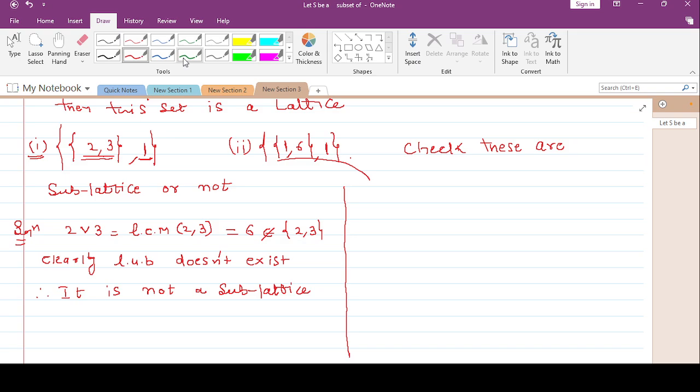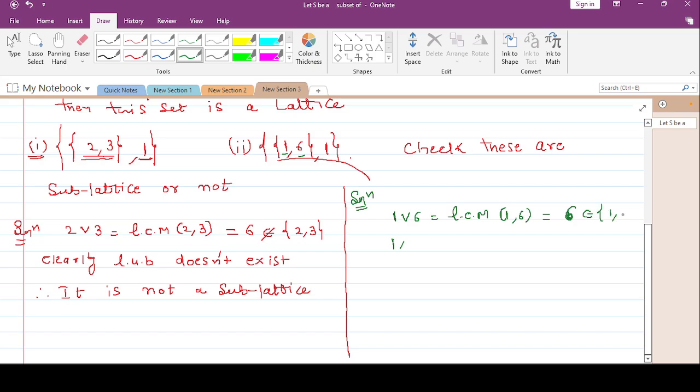Now, solution. Here you have two elements 1 and 6. Now what is the join of 1 and 6? It means the LCM of 1 and 6. So what is the LCM of 1 and 6? LCM of 1 and 6 is 6. And this is a member of this set 1 and 6.